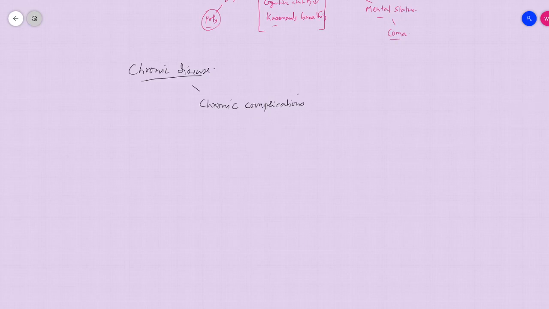So what are these chronic complications that we are worried about? The chronic complications are retinopathy, neuropathy, and nephropathy. Together these are basically microvascular complications.